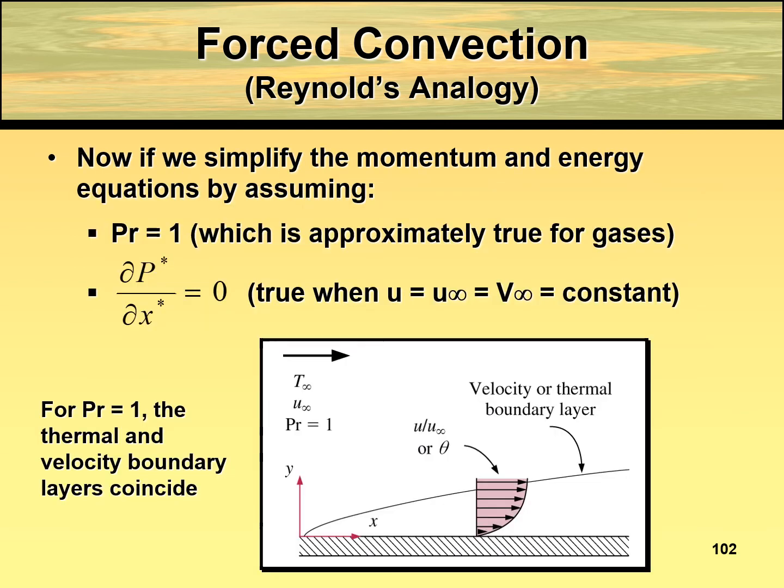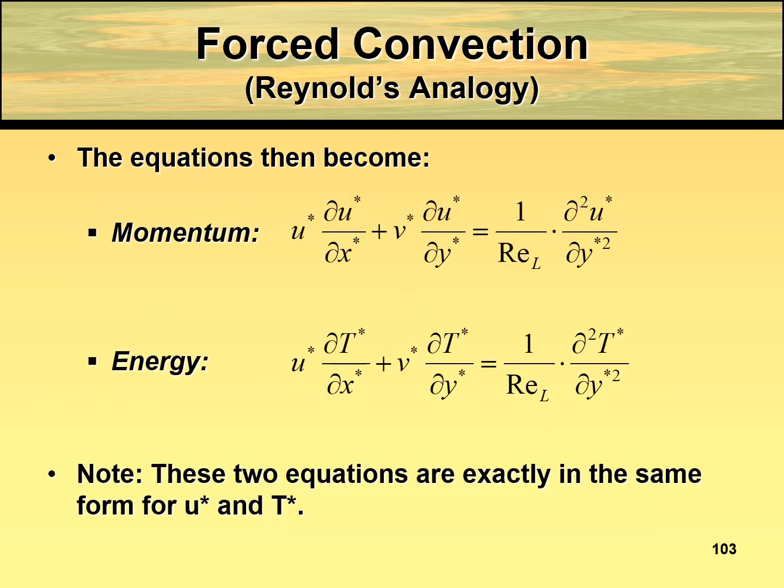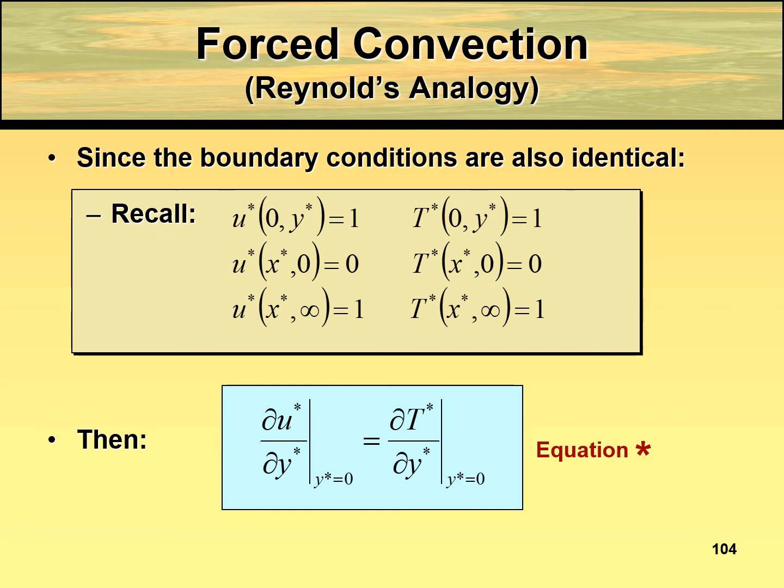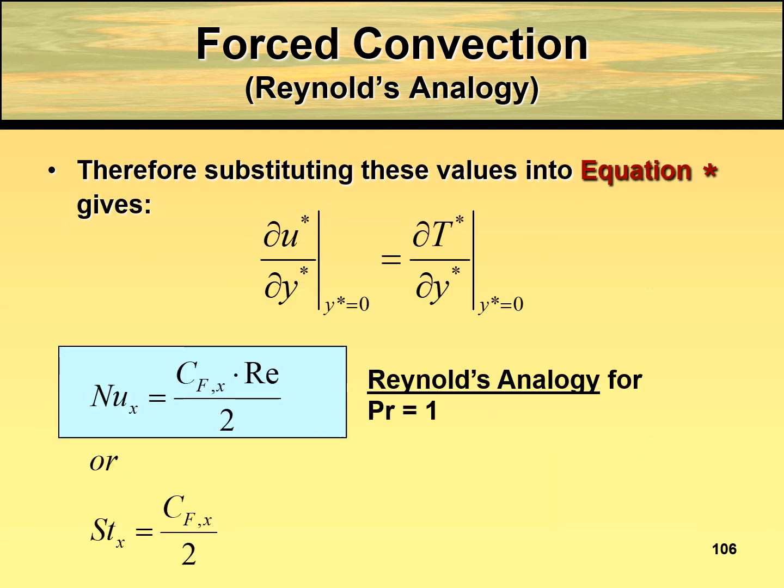Okay. So with forced convection, if the Prandtl number is equal to 1, by using the dimensionless similarity analogy, we can have the Nusselt number correlated with the friction coefficient times the Reynolds number divided by 2, which is Cf divided by 2.